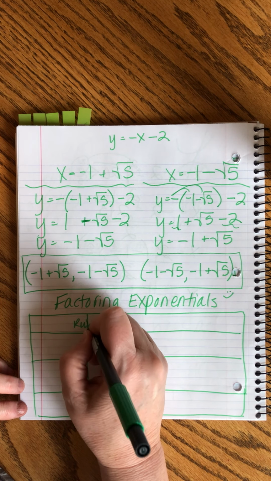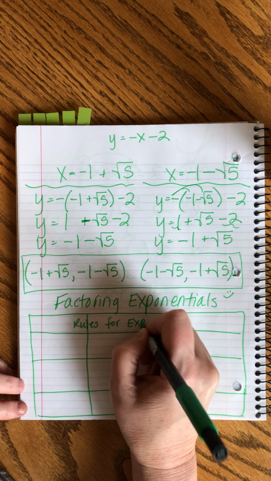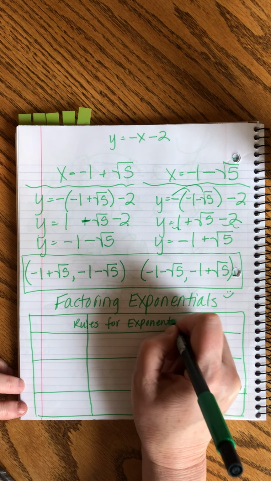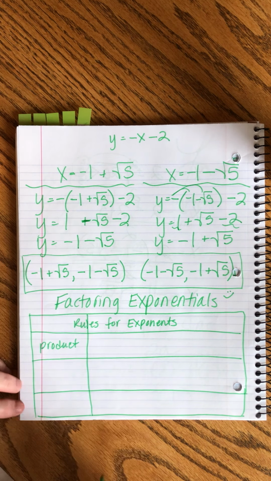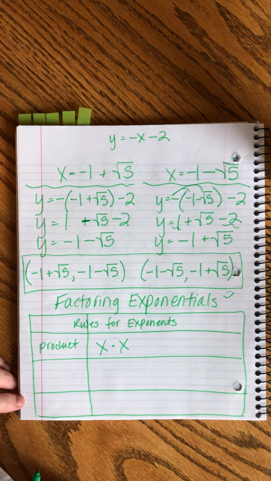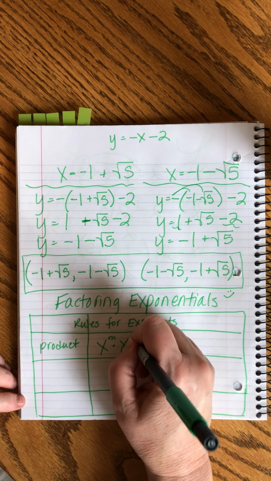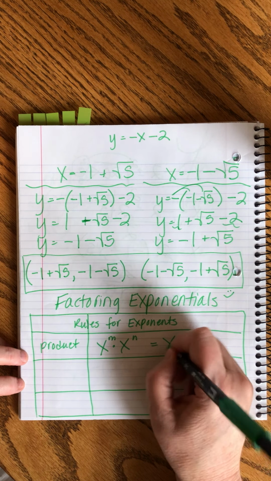Rules for exponents. The first rule is called the product rule. And it says that if we're multiplying two bases that match and they each have an exponent, we can just add those exponents together.